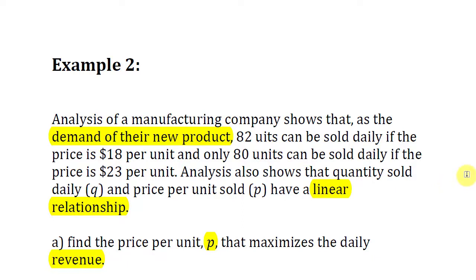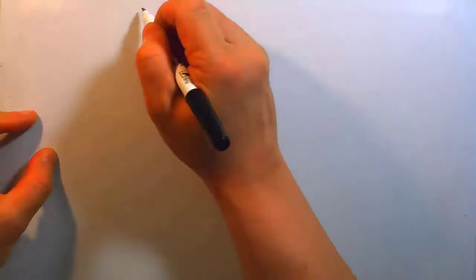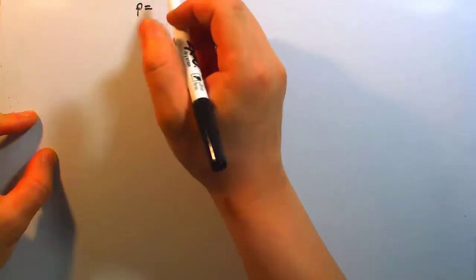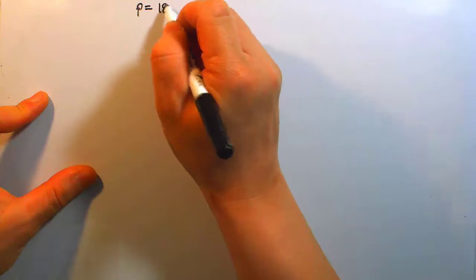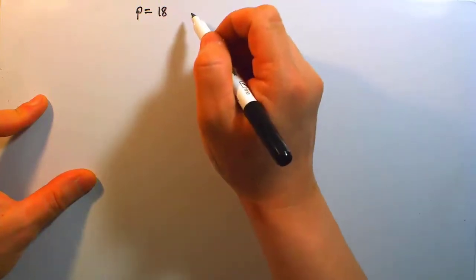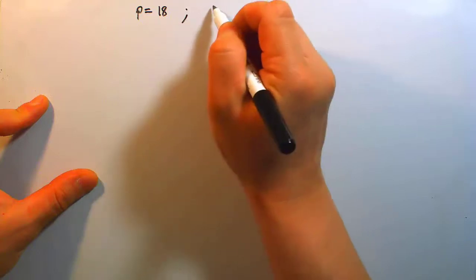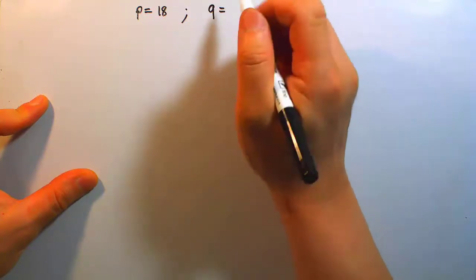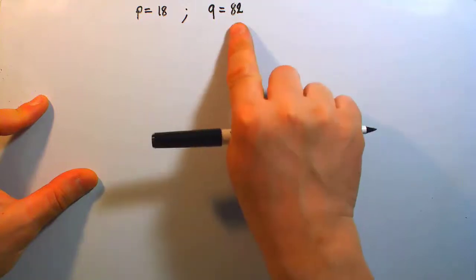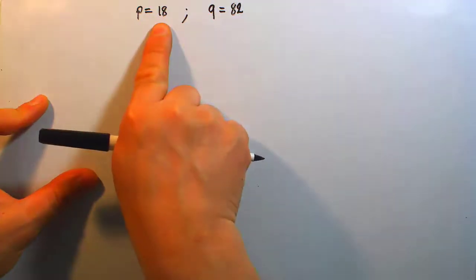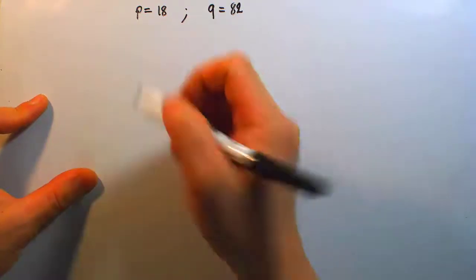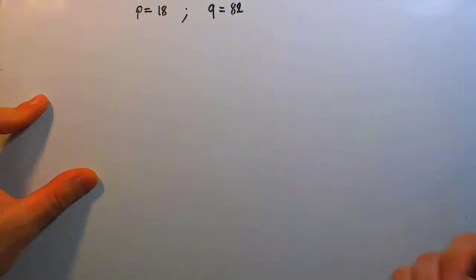Before I get too far into answering part A, let's make a small summary of the given information. When the price is $18 per unit, we can sell Q equals 82 units daily. That's just how the business runs.